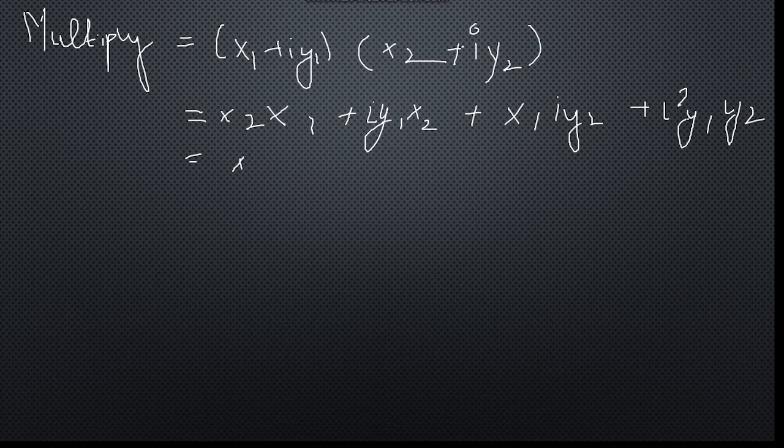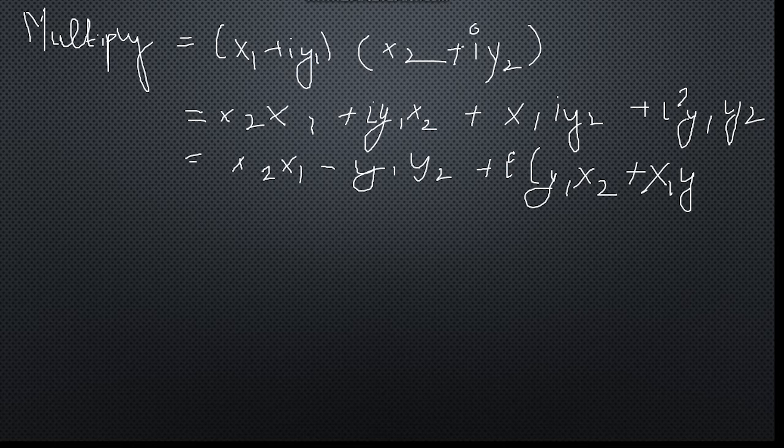On simplification, we get x1 x2 minus y1 y2, because iota square is equal to minus 1, plus iota times y1 x2 plus x1 y2. So multiplication also gives a real part and imaginary part.